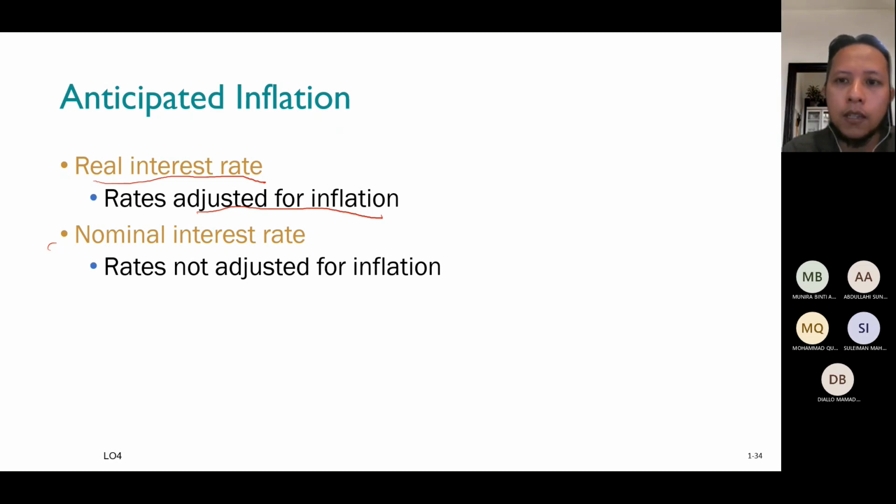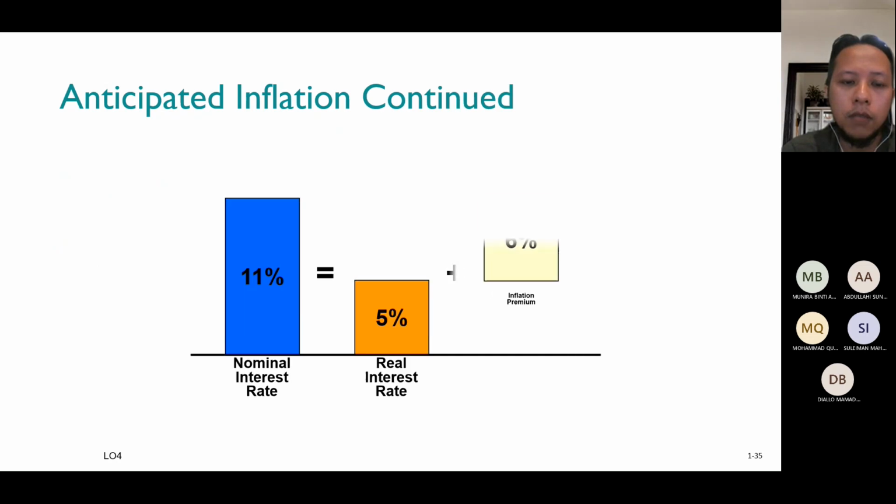When you anticipate inflation, financial institutions will adjust the nominal interest rate.